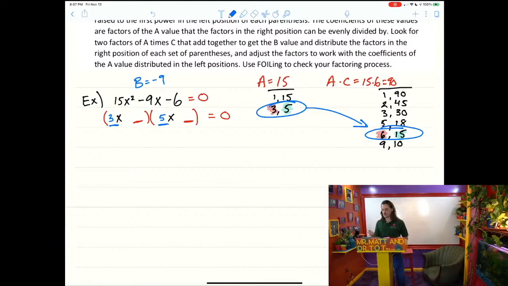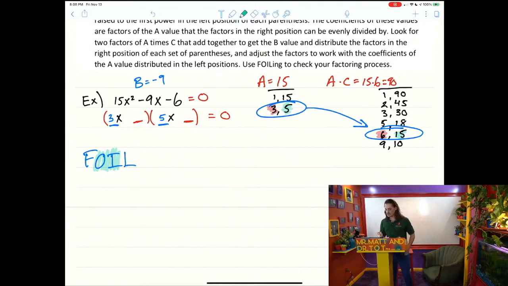Then you go to your A times C values and you have 6 and 15. Remember in foiling, it's really the outer and the inner products that are going to combine together to get that B value.